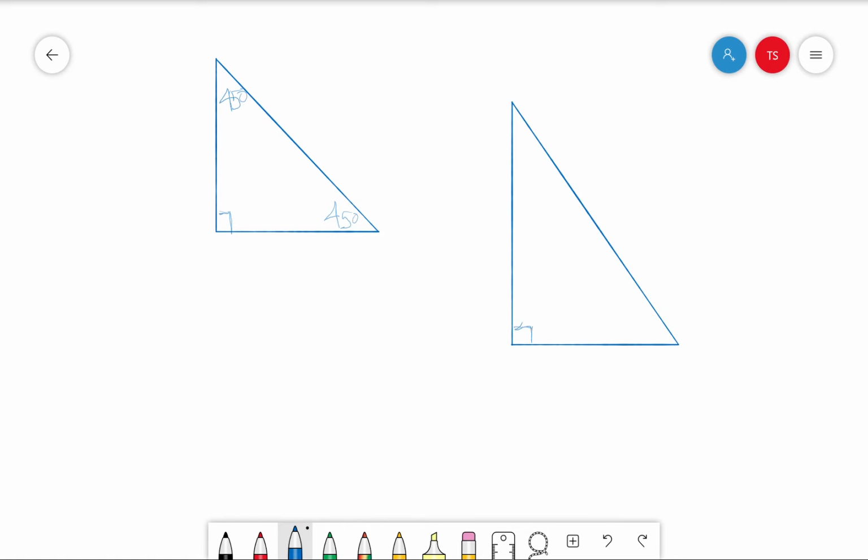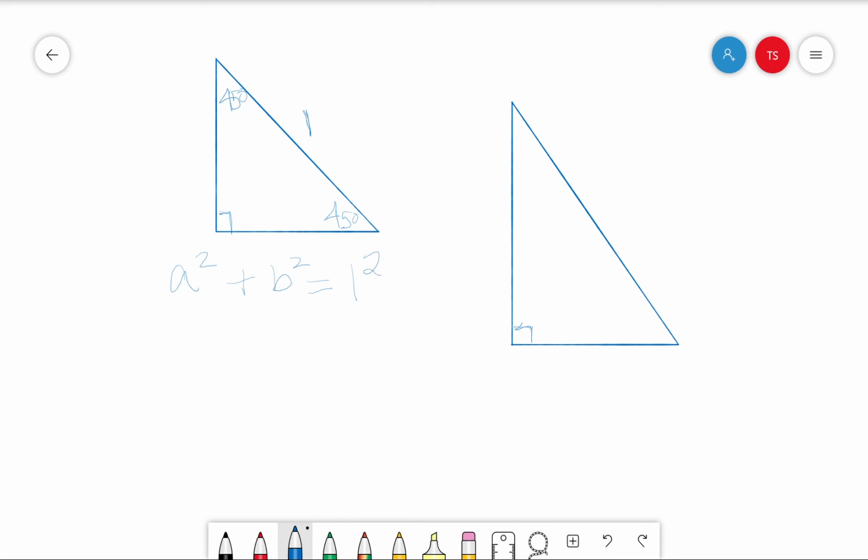If my hypotenuse is 1, then what I know is that a squared plus b squared is equal to 1 squared.